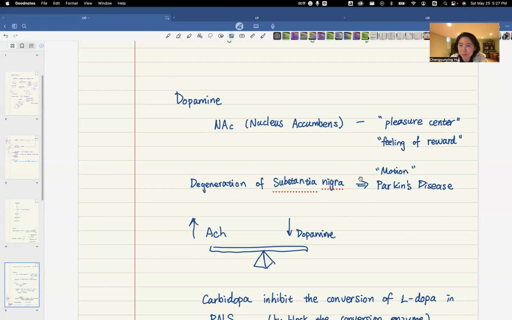That's why they cannot perform smooth motion. The amount of acetylcholine did not actually change. It's just that something else decreasing makes the acetylcholine high compared to dopamine.